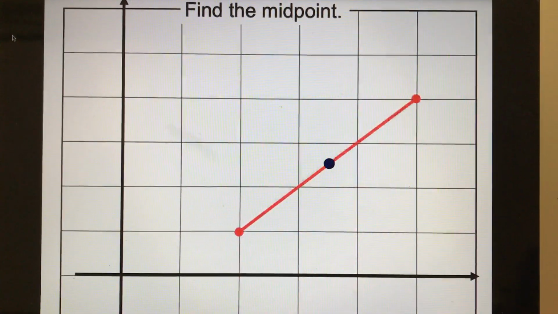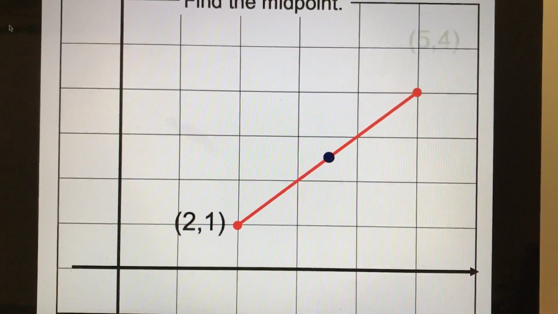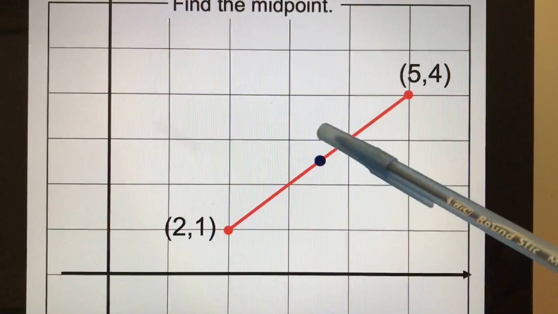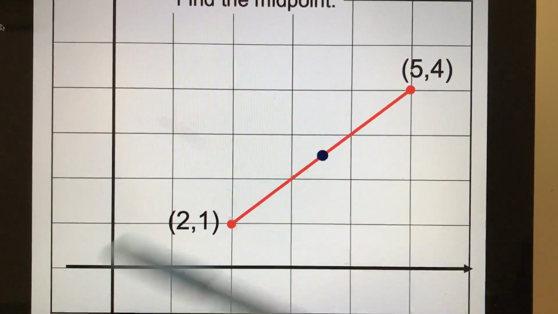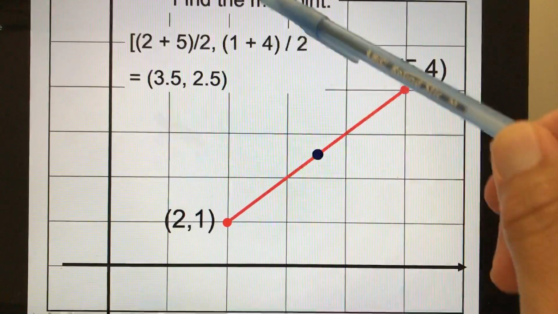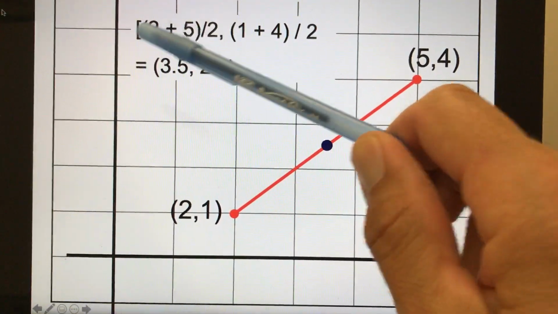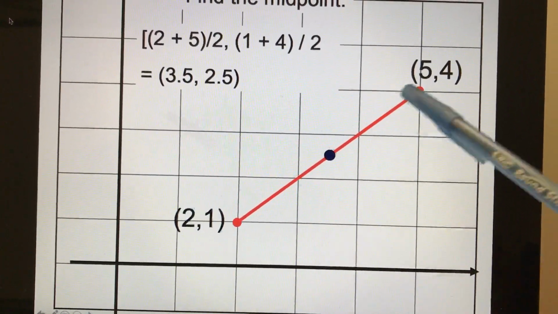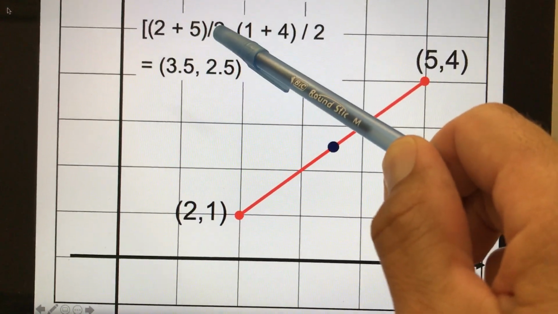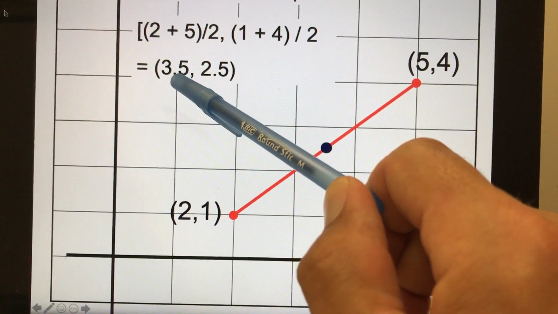So for example, if I had this line drawn here, if I had these two points on the end and I said, find the coordinates of that midpoint, I'd say, well, all I'm going to do is add the x values together. So 2 plus 5, there's my x value 2, there's my x value 5, 2 plus 5, and divide by 2, which is 3.5.